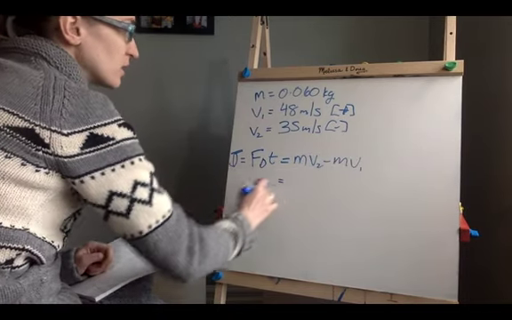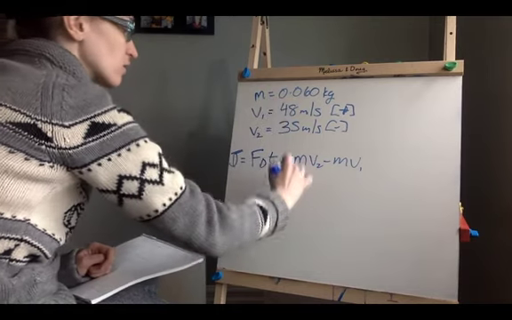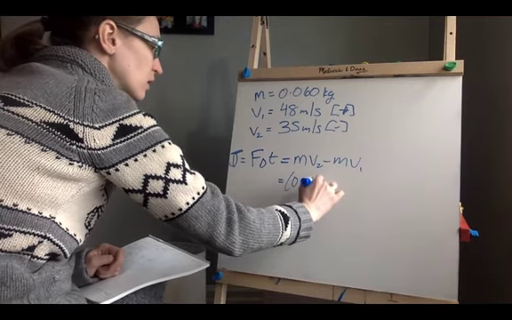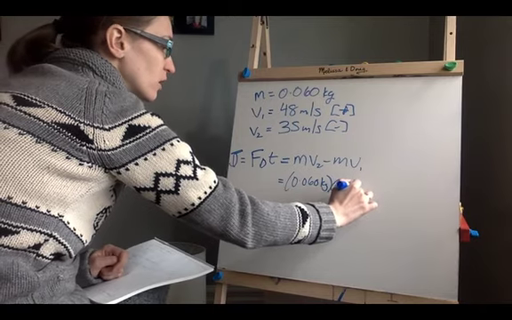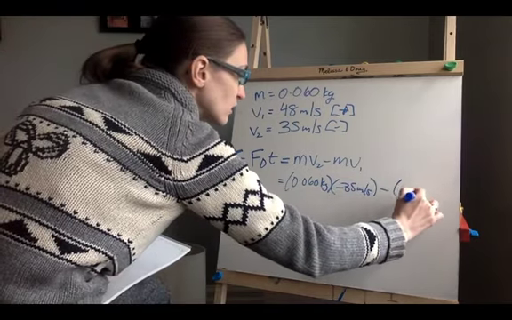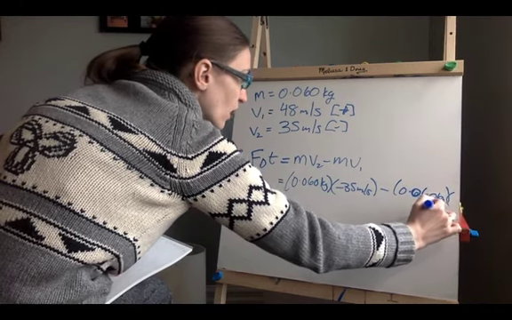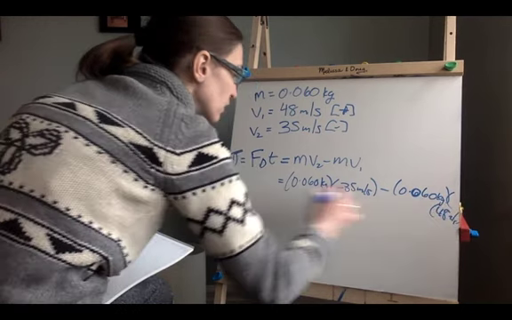So in that sense, we can use our mass of 0.06 kilograms. V2 was our minus 35 meters per second, and then we'll subtract, again, the mass of the tennis ball didn't change in this interaction, but the velocities did, so that's being multiplied by the 48 meters per second, right?